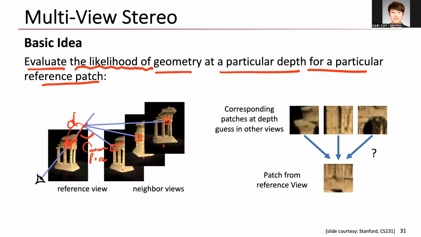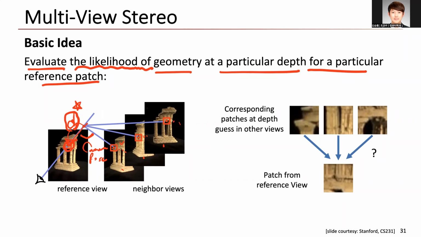Then by changing this depth, we can consider other pixels in the nearby view, aggregating the similarity between reference patches and nearby view patches. We can achieve a more accurate disparity or depth compared to two-view stereo matching.